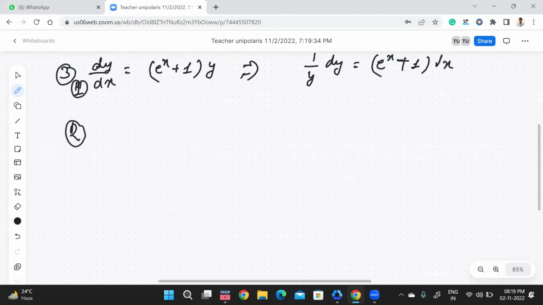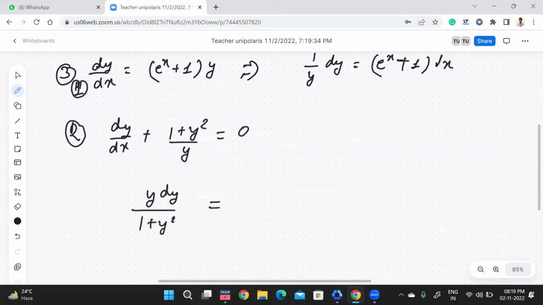In the second part, the question is dy over dx plus (1 plus y square) over y equals 0. Here also we can just write it as y dy over 1 plus y square equals minus dx, right?